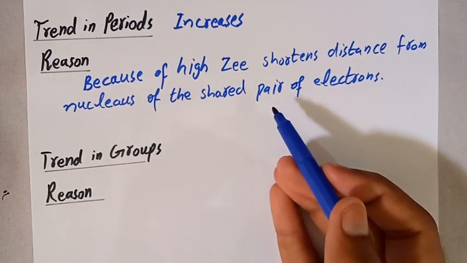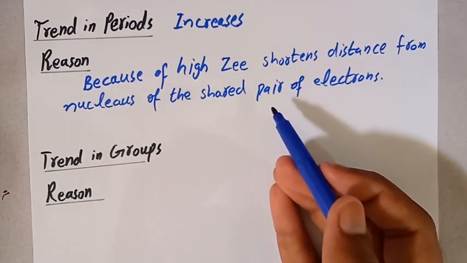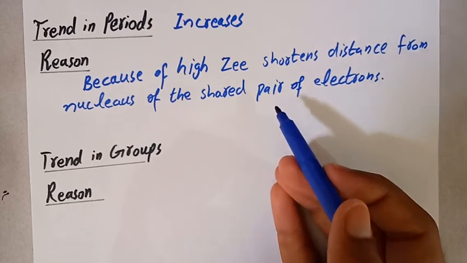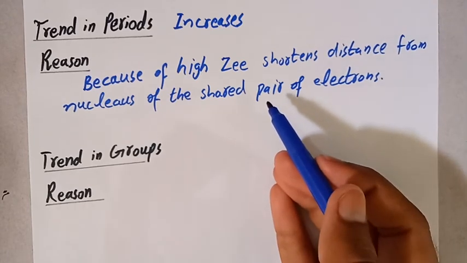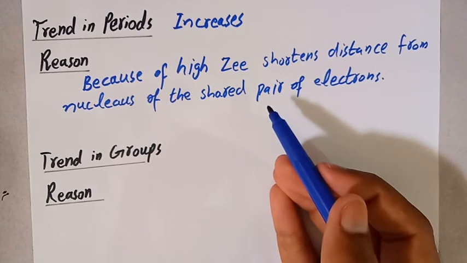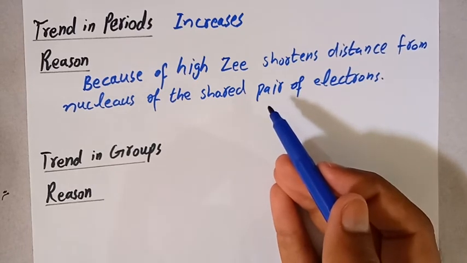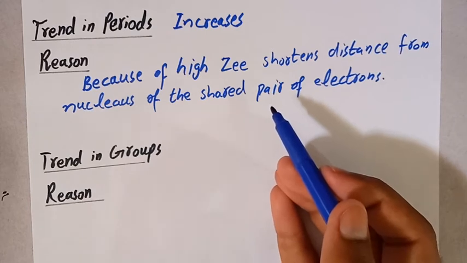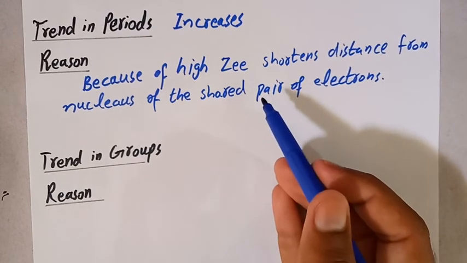That's why the distance will be shortened. So if the distance is shortened, the ability of the atom to attract electrons will increase. So that's why electronegativity increases in a period.